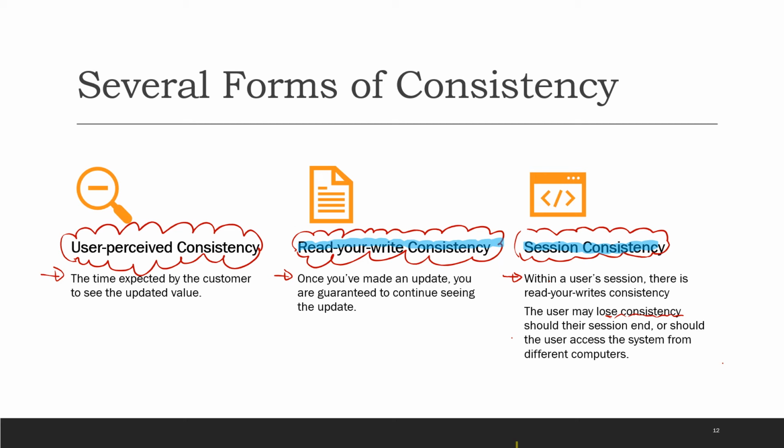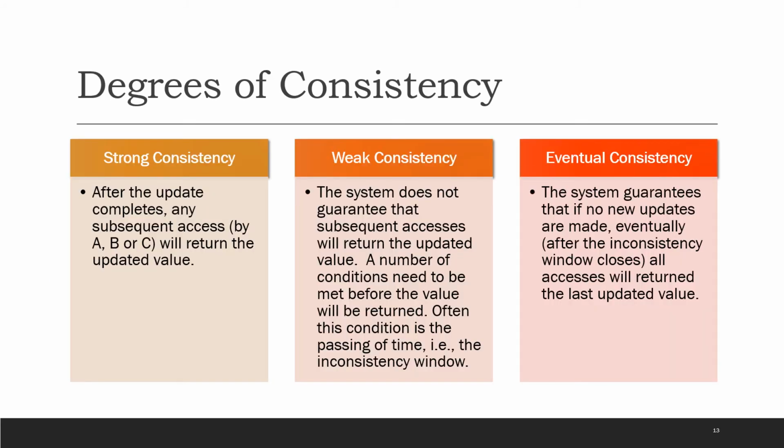So instead of ensuring the entire replication consistency in short time, we can relax our consistency model a little bit to ensure only read your write consistency and session consistency, for example.